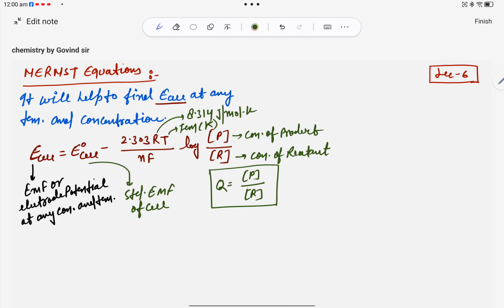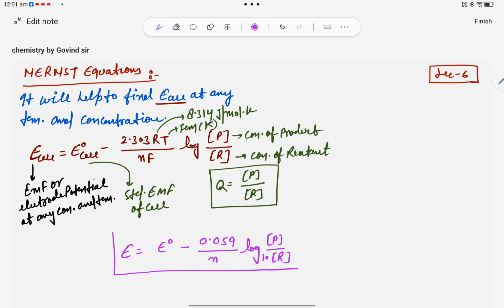So that is the formula. But children, this formula we will not use. We'll use another formula. E is equal to E naught minus 0.059 upon n log concentration of product upon reactant, base 10. In 99% of cases we have to apply this formula.